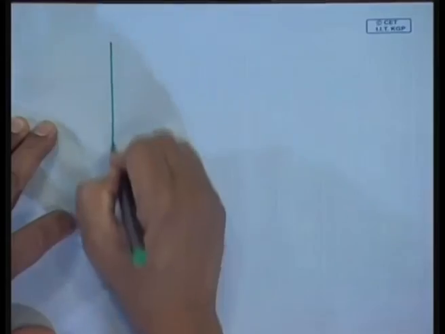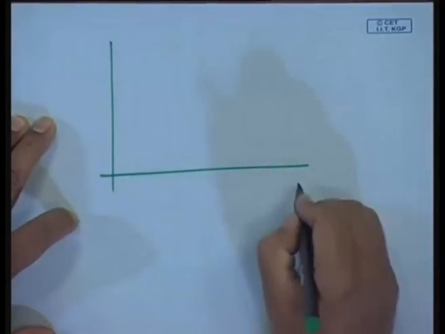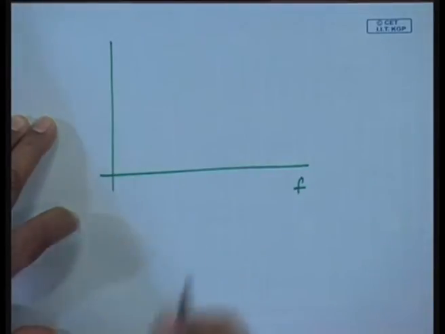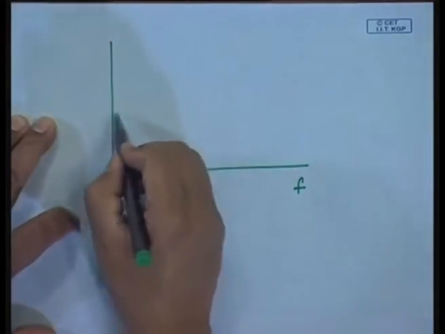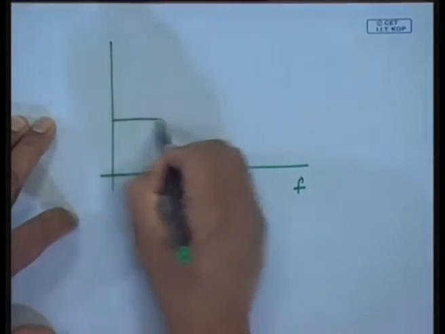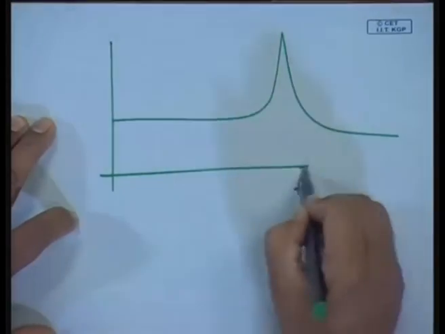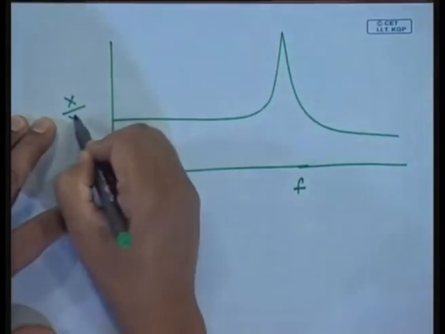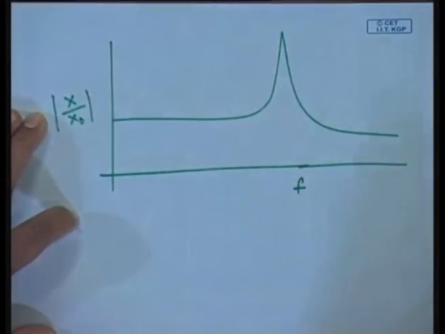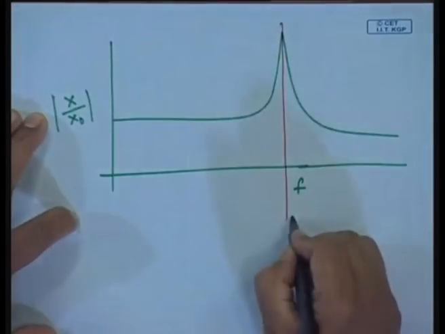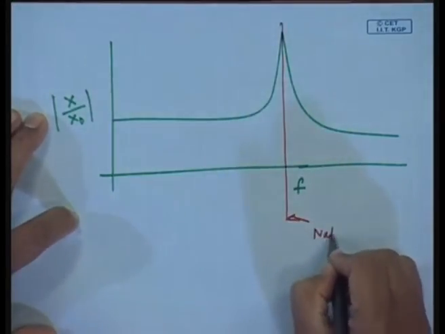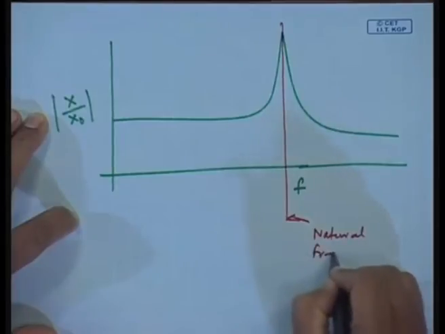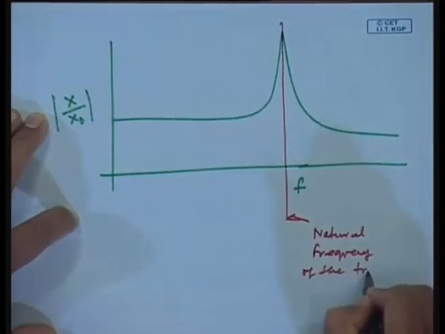Now, going back to the transducers, because they have natural frequencies, if I were to plot the natural frequency response of a transducer, this is the natural frequency of the transducer.